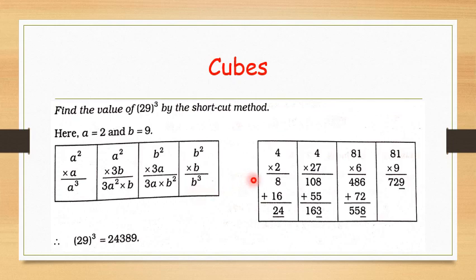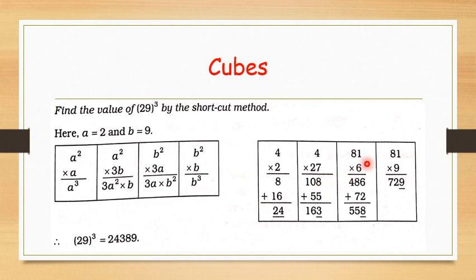In the first column we write a cube, that is the cube of 2, which is 8. In the second column we write 3a square b. So that is 3 into 2 square, which is 4, then b is 9. 9 times 3 is 27, and 27 into 4 is 108. So we write 108 here.